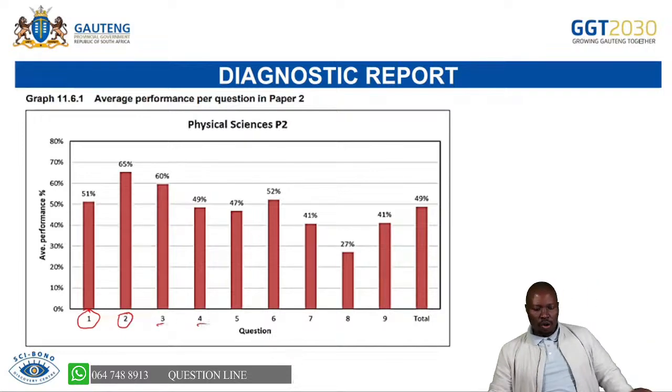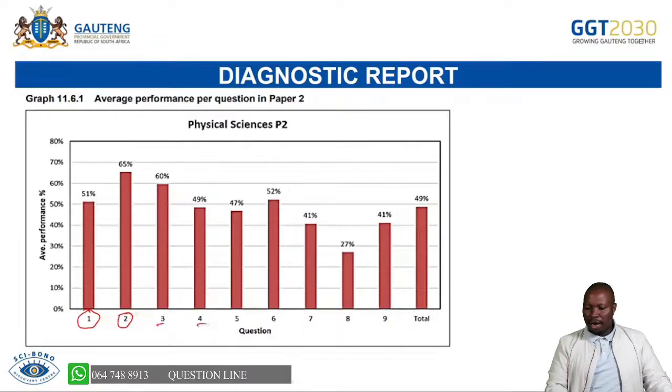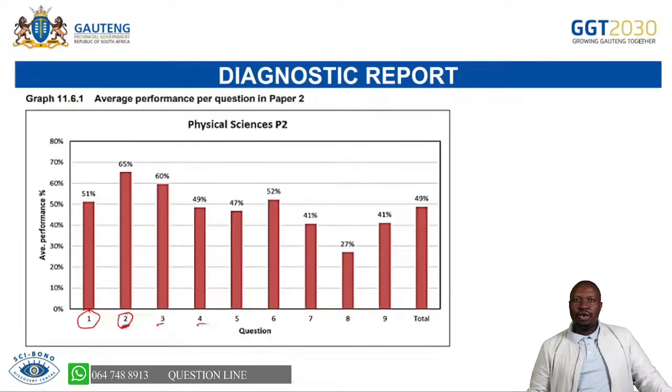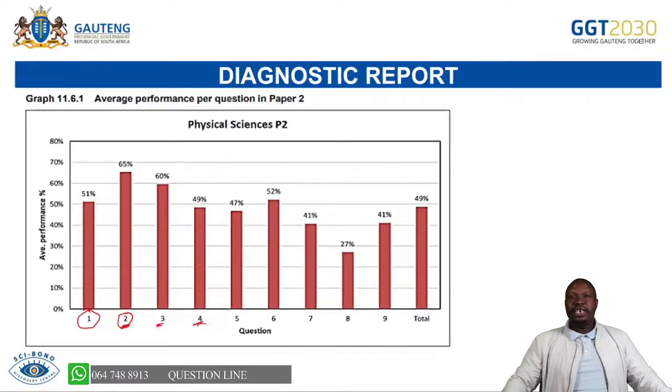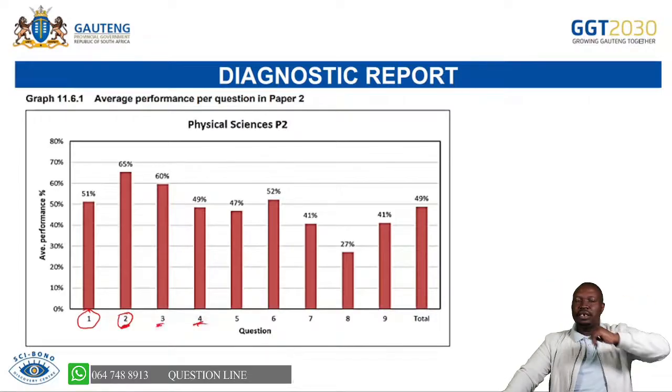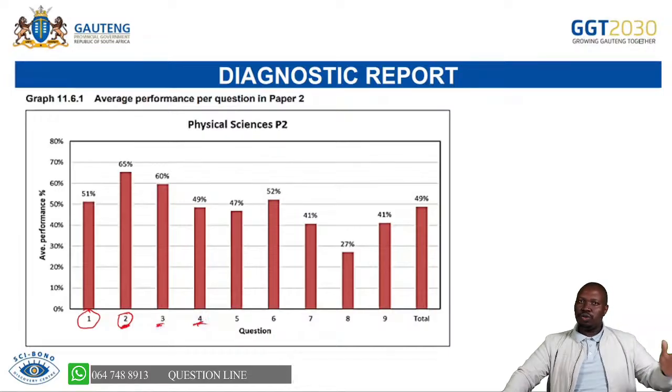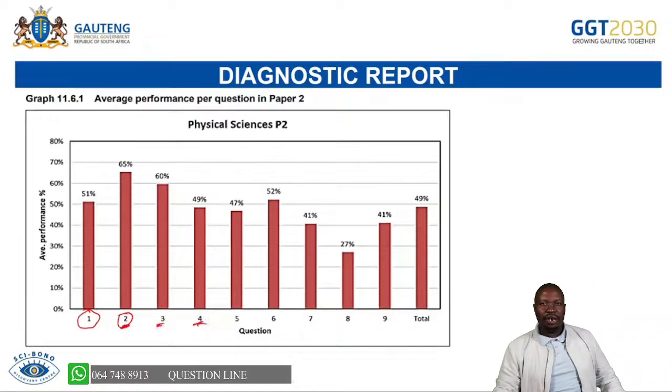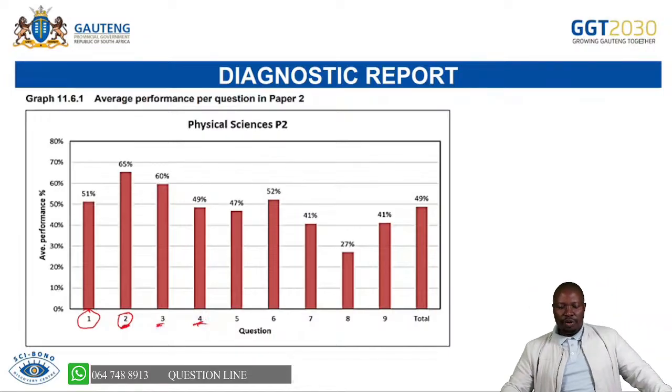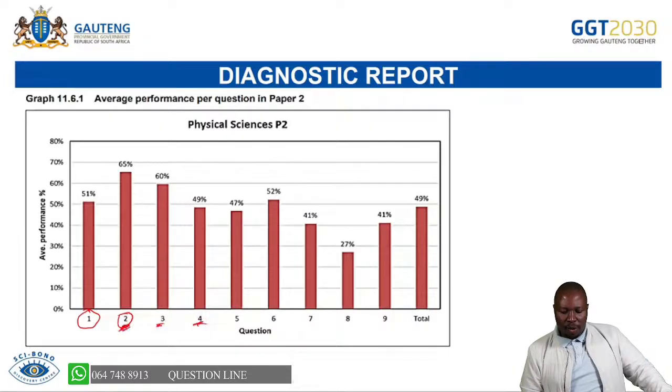If you check, question 2 in 2024 was 65%, question 3 was 60%, question 4 is 49%. So you can see our graph decreases as you move from question 2 to question 3 and then question 4. So if you understand question 2 well, it will be easier for you to do very well in question 3 and question 4.